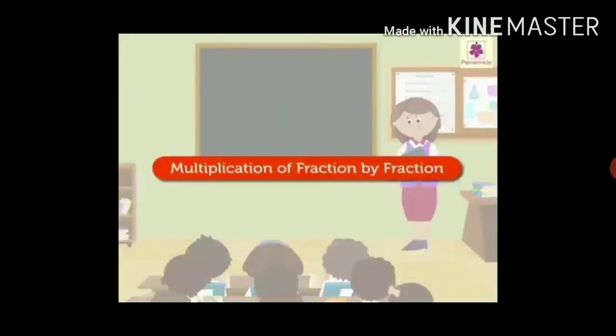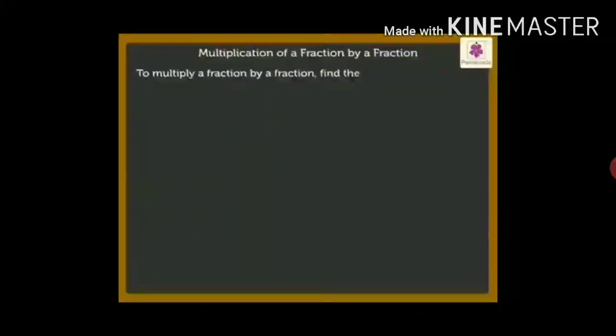Let us learn multiplication of a fraction by a fraction. Here, to multiply a fraction by another fraction, we just find the product of the numerators divided by the product of the denominators.